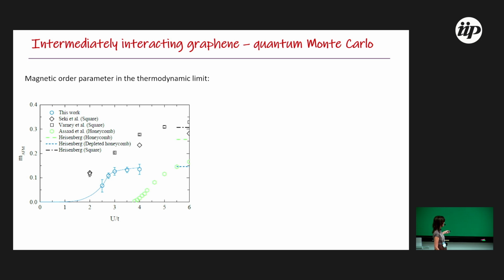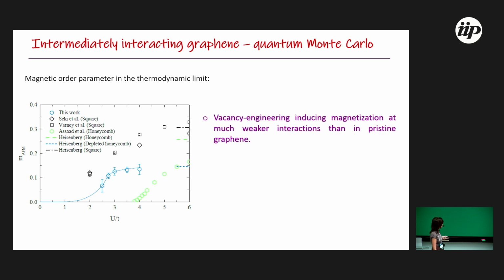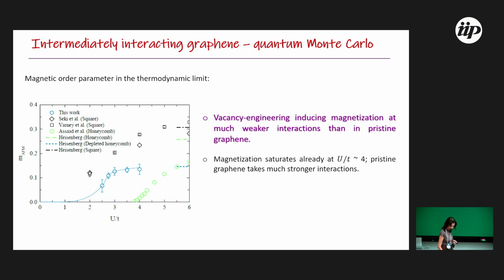So you see that you have this tail here going all the way to small U, and also what's interesting is that the saturation value for the depleted lattice is attained for much lower values of U, but at the end this value is lower than the saturation value of pristine graphene, which takes a much larger U to be attained.